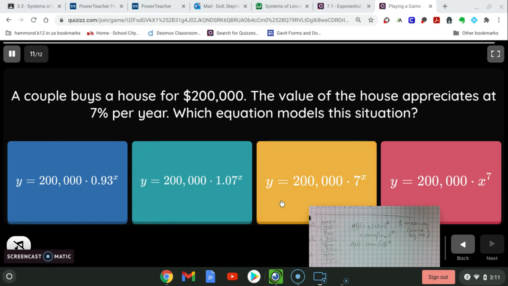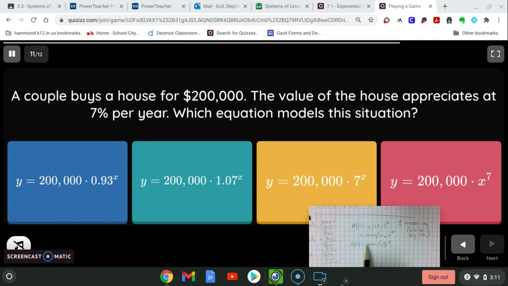So let's test this out. A couple buys a house for $200,000. The value of the house appreciates at 7% per year. Which equation models this situation? So we want it to look like A of t equals the initial value times the growth or decay factor raised to the number of years. So what is our initial value? $200,000.